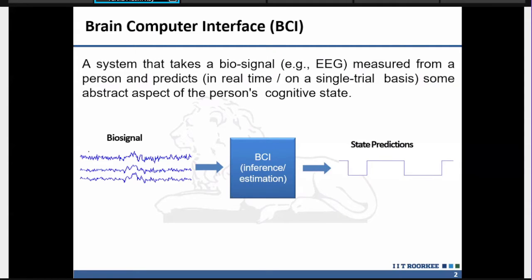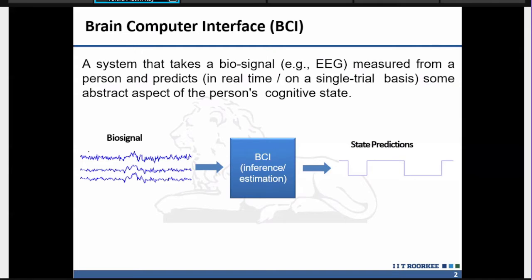For example, if I am in a happy state or a sad state or an angry state, these could be some cognitive states. It could be other aspects as well.